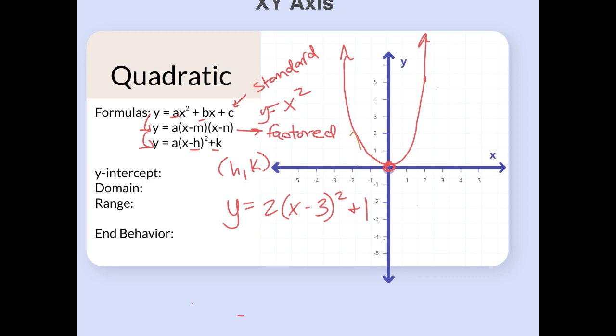So that means that my vertex for this particular quadratic would be a positive 3 and a positive 1. The k is positive in the formula, so we don't really touch that. But just beware about this h there. But that's the most helpful thing that the vertex form helps us get. Of course, it gives us our a.